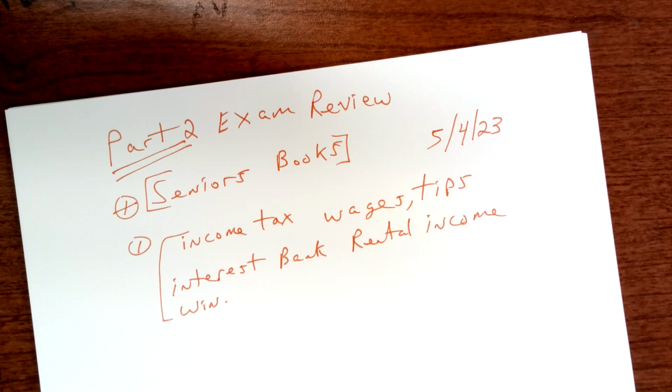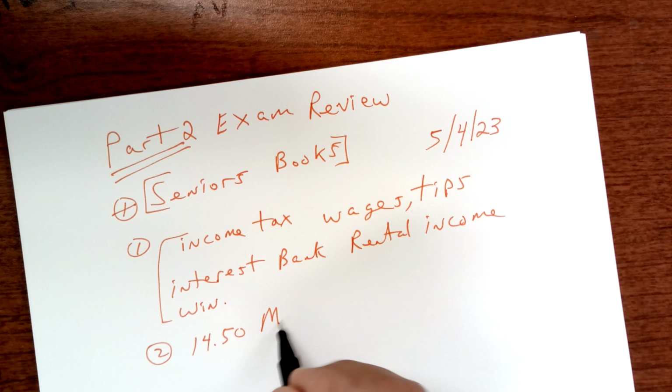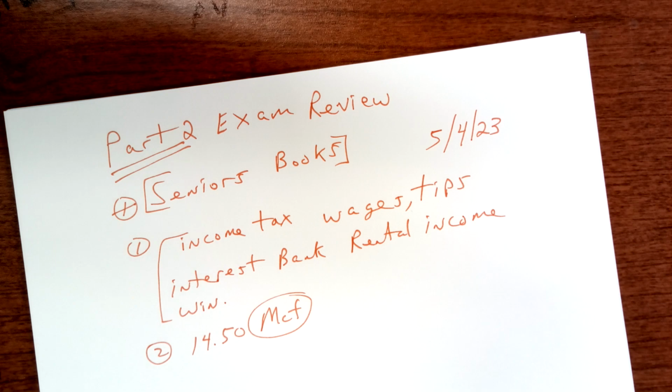All right, so natural gas, number 2, is $14.50 per 1,000 cubic feet, which is what that means. The price increased 20% this year.